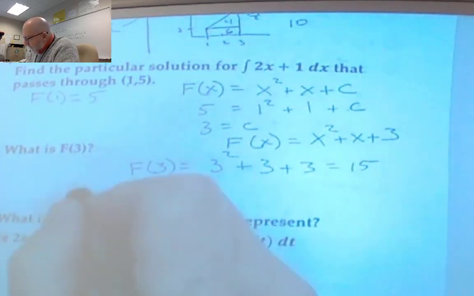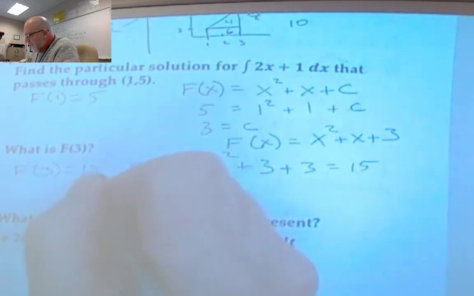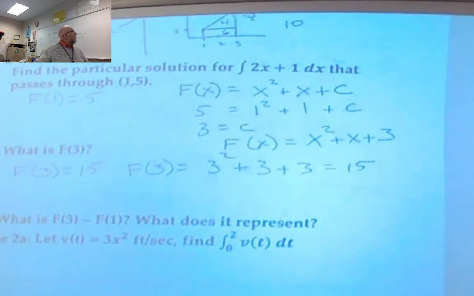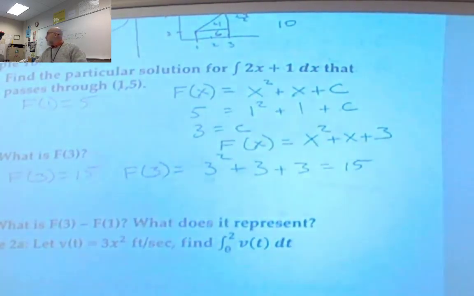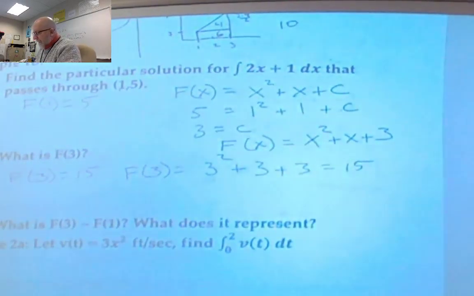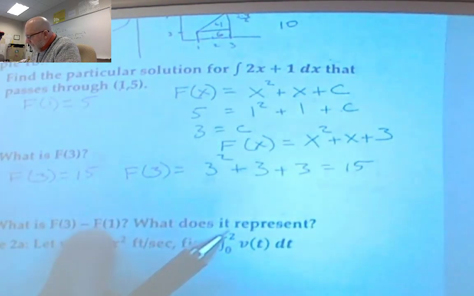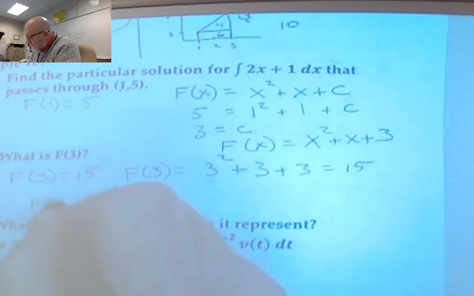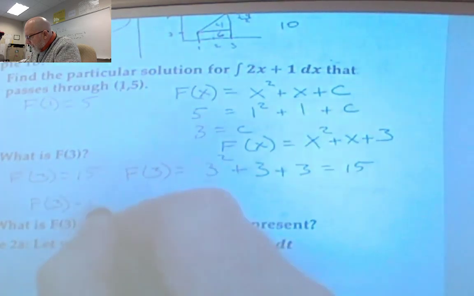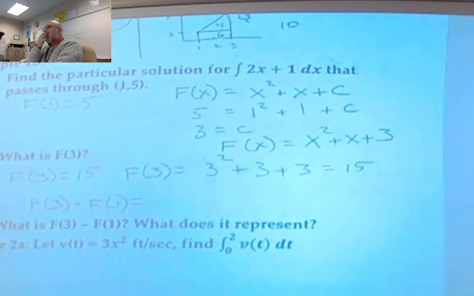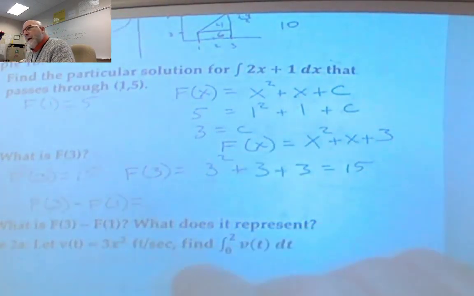So, F of 3 equals 15. Would you agree? So, right here it says, what is F of 3 minus F of 1? Kurt, 10.